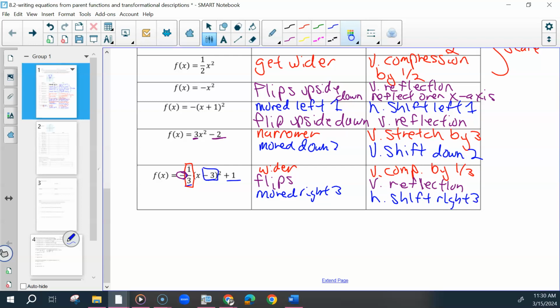And then the last one. And move up 1. And what would that rule be? Vertical shift up 1.